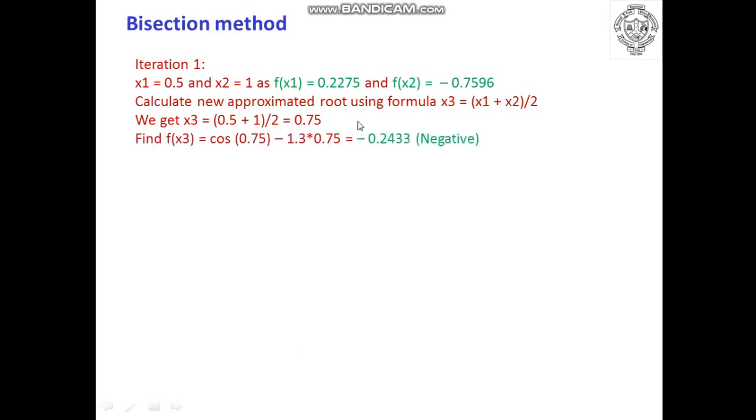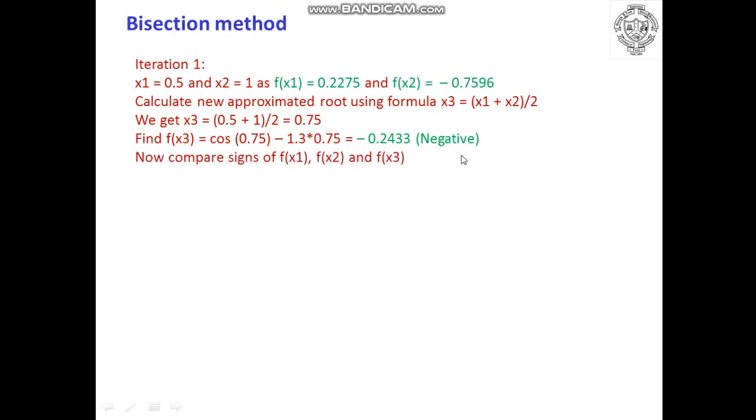So now let us find the f of x3. We will put this 0.75 value in the equation. We get cos 0.75 minus 1.3 into 0.75, which is equal to minus 0.2433. Now if you see the sign of this particular function, it is negative.